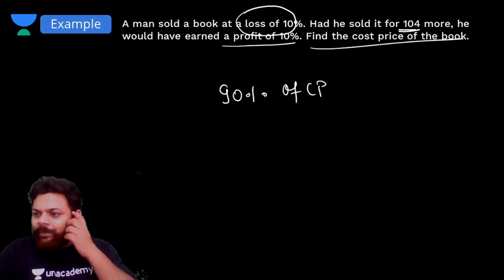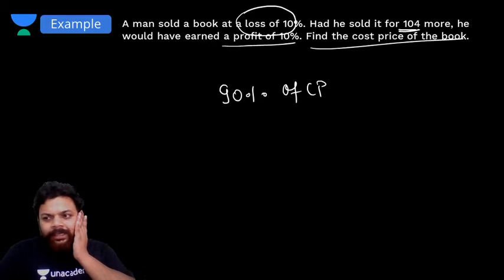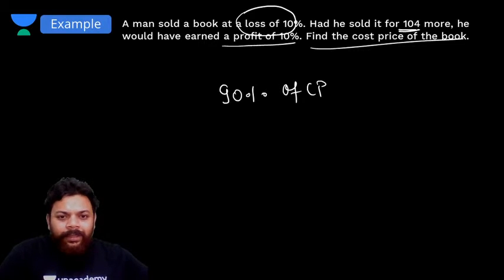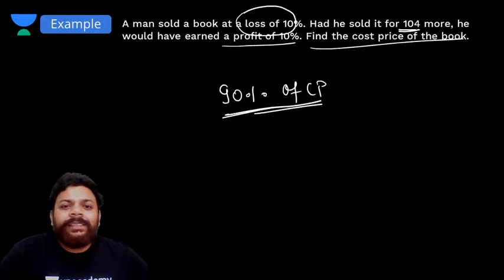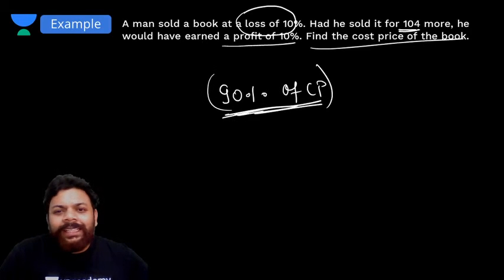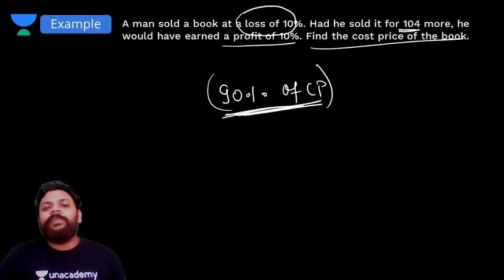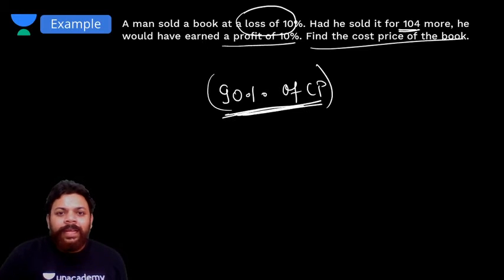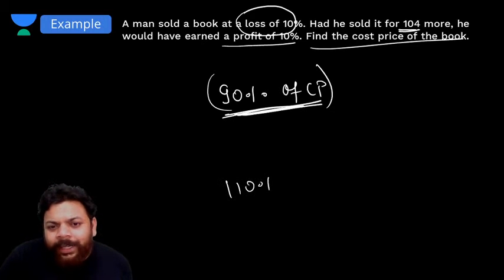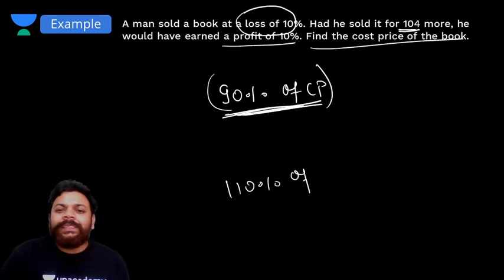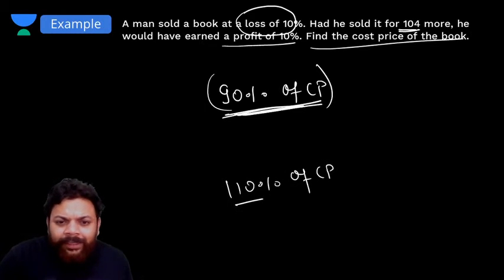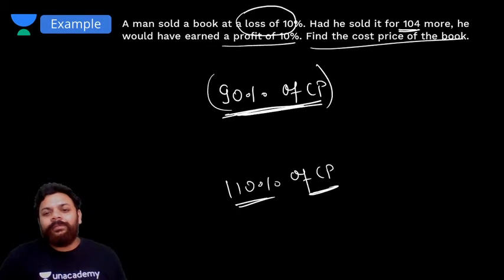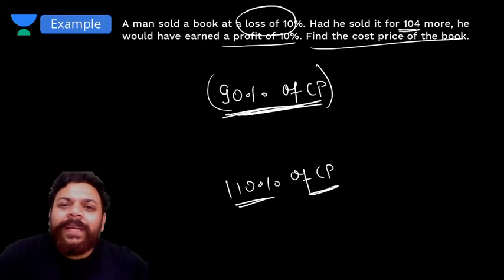Yes, I am telling exactly that, Vijay. Just try to think like this. There is a loss of 10%, that means definitely you need to pay 90% of the cost price. And if you want to get a profit of 10%, that means definitely you need to pay 110% of CP. This should be understood just by looking.